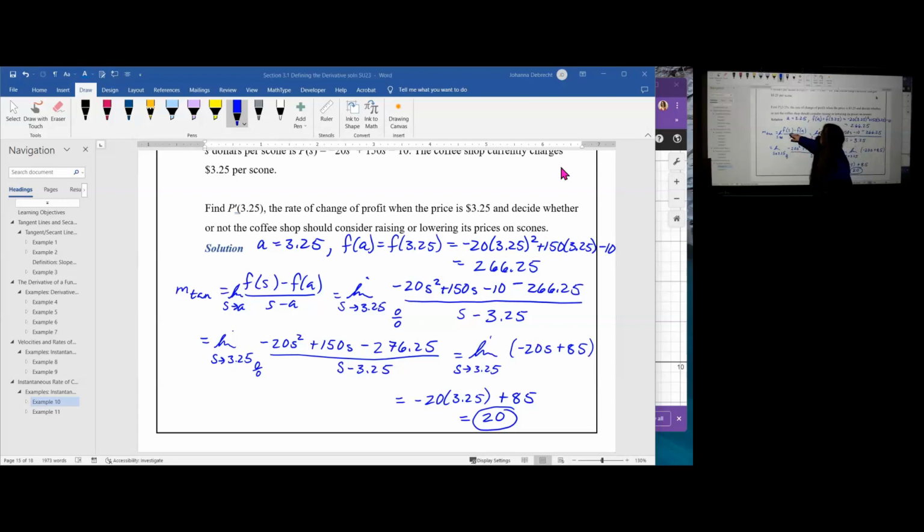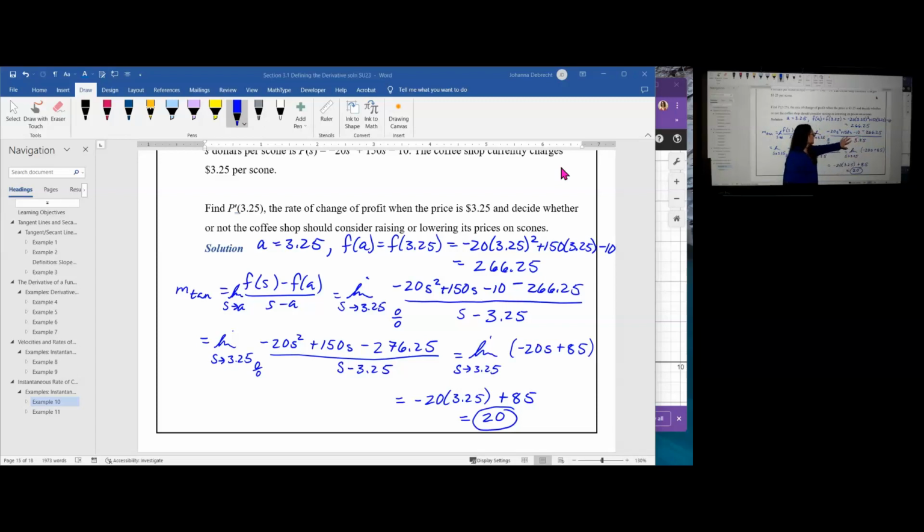I can use the formula, which was given to us as negative 20s squared plus 150s minus 10, and subtract from it the value at $3.25, my profit at that amount, which turned out to be $266.25.